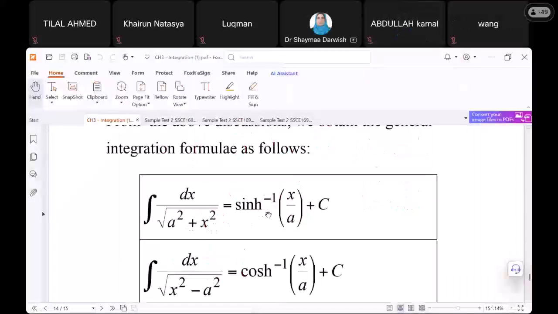These are the formulas that we use. I have 1 over square root of a square plus x square. If you have this kind of integration, the answer is sine inverse, x over a. If you have square root of x square minus a square, the answer is cosh inverse x over a.